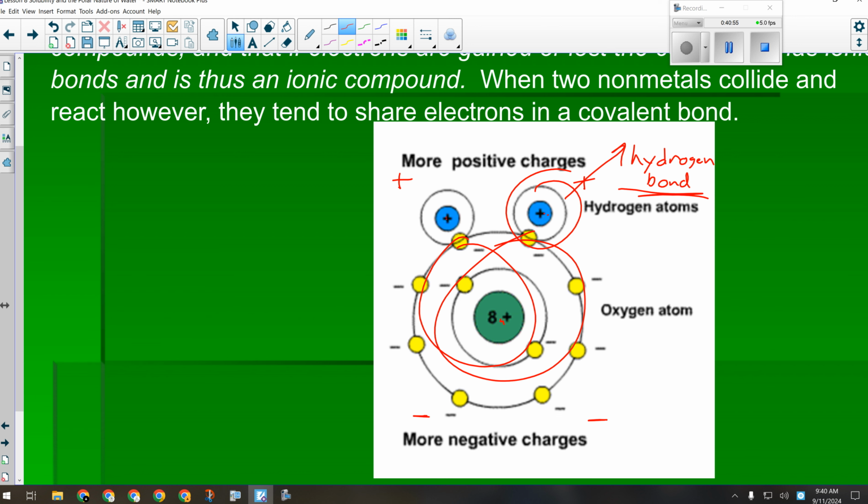It'll contract as a liquid, and its volume will be the least at about 4 degrees Celsius. And then those water molecules start to get too close together, and right before it freezes, they pop away from each other and form a crystalline solid, ice. But it's less dense than its liquid counterpart, which is very rare.